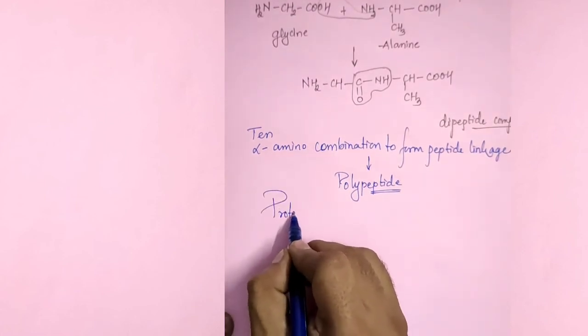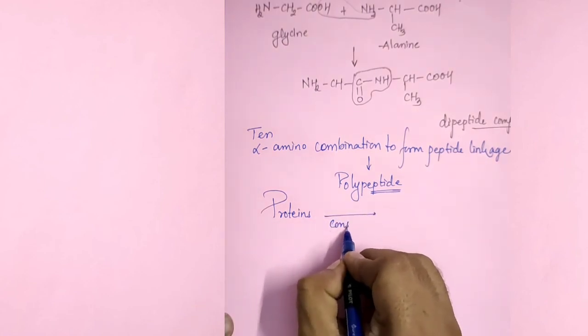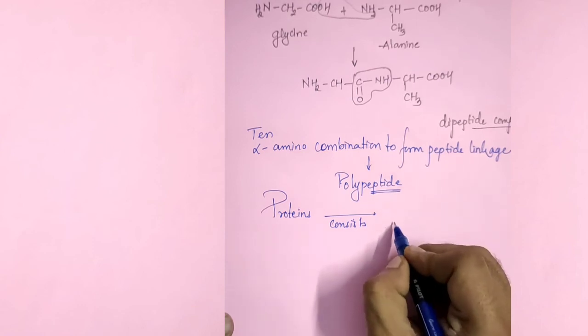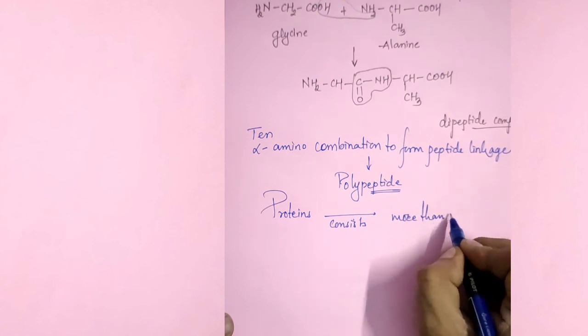Basically protein, some proteins consist of 100, even more than 100.